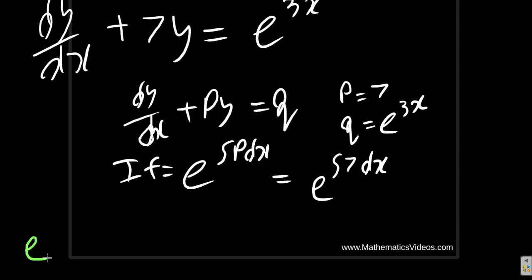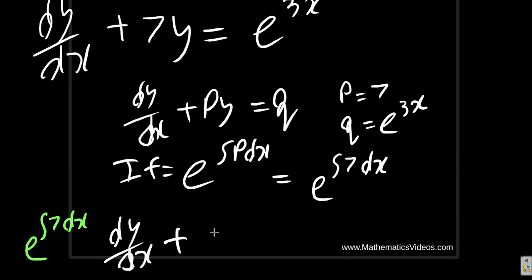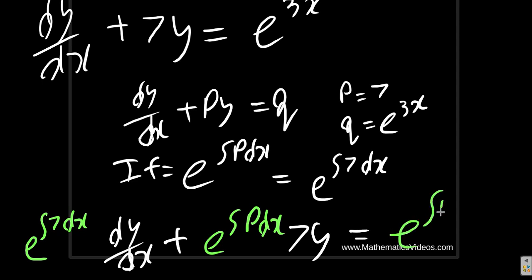We have e to the integral of 7 dx multiplied by dy by dx plus e to the integral of p dx multiplied by 7y, and that is equal to e to the integral of p dx multiplied by e to the 3x.